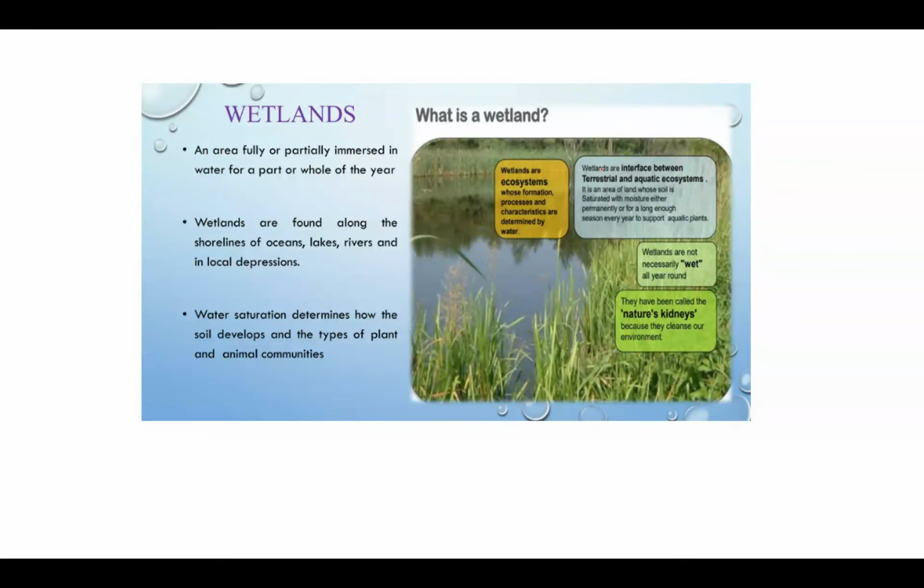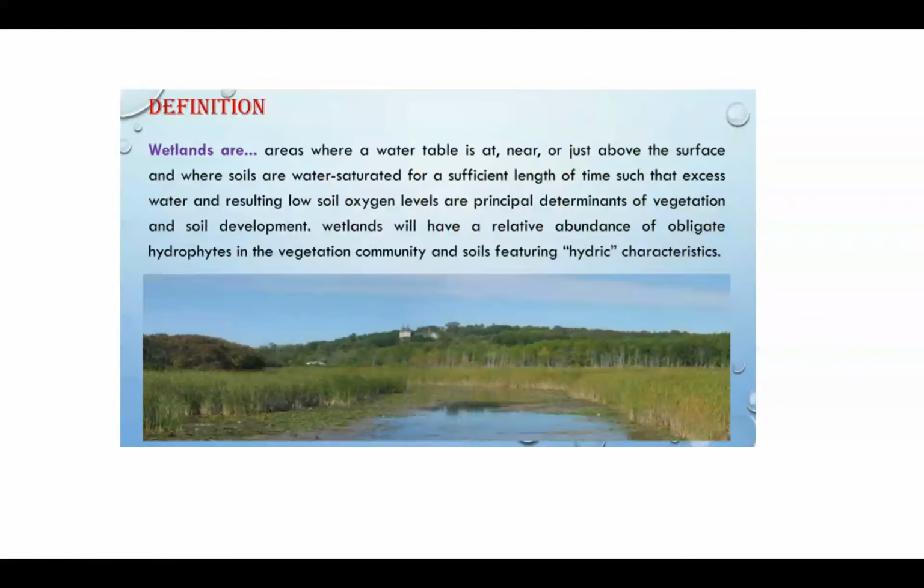See here, wetlands are the interface between terrestrial and aquatic ecosystems. In that area you can see plants and also water. You can understand this interface from the figure. And you can also see a proper definition I have given here.